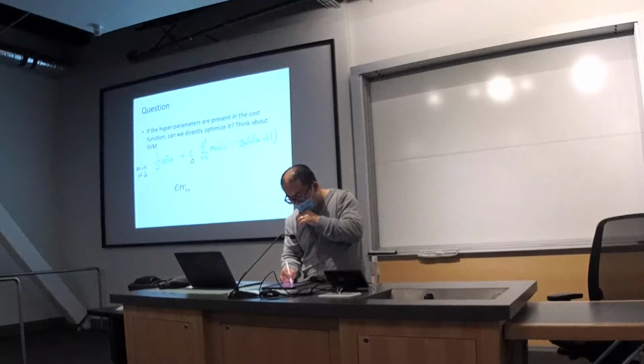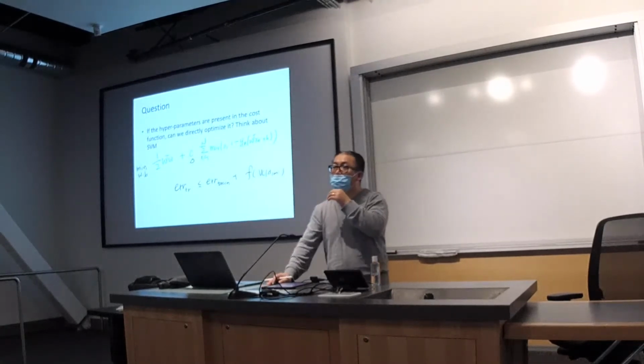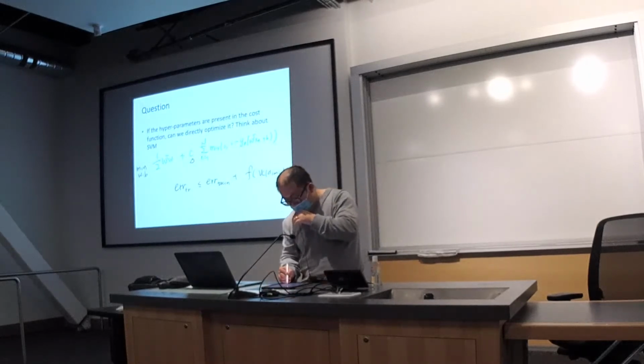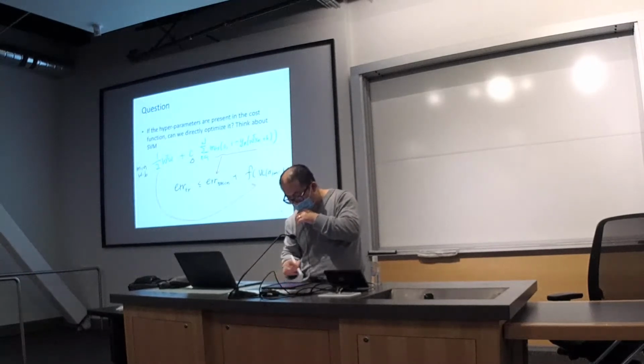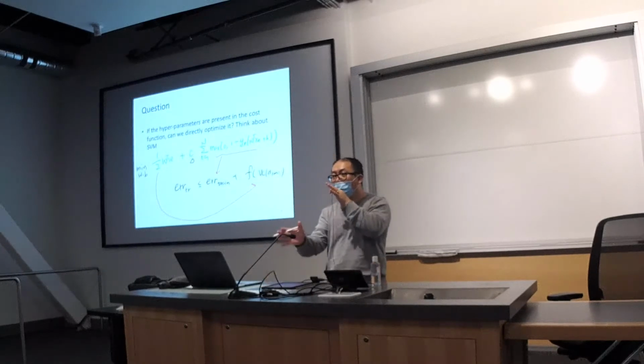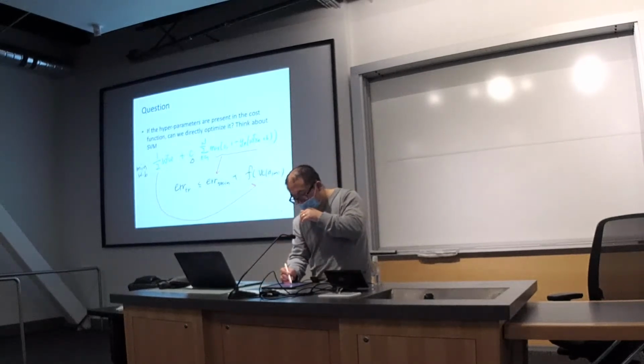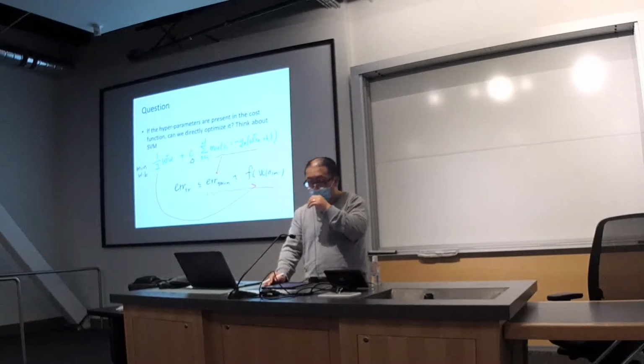The true error is upper bounded by the training error plus some term determined by the VC dimension. So the hinge loss corresponds to the training error, and this regularizer corresponds to the VC dimension. We want to find a trade-off between the two, such that you get a generalization error bound as small as possible.